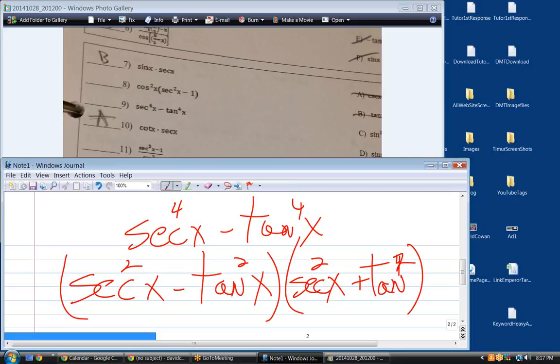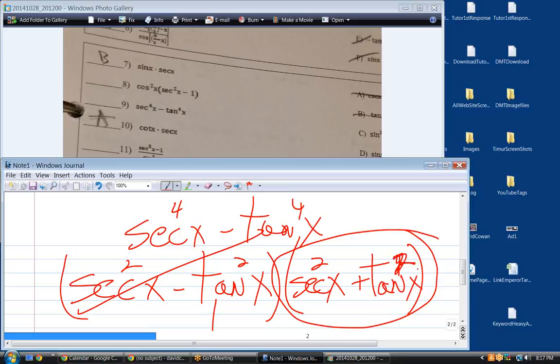Now, what is secant squared x minus tangent squared x? It is 1. So that goes to 1, and our answer is that. Now, it's worth noting that secant squared x plus tangent squared x is nothing. That is not an identity.